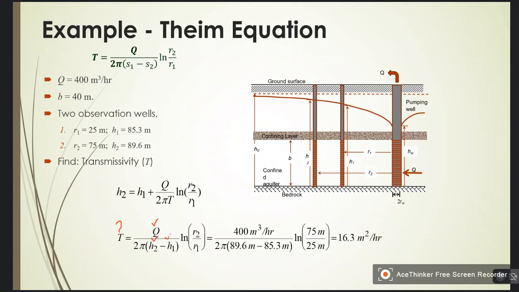H1 is given. R2 is given. R1 is given. So substitute everything, you will get T. Is this clear to you? All of you? Yes, sir.